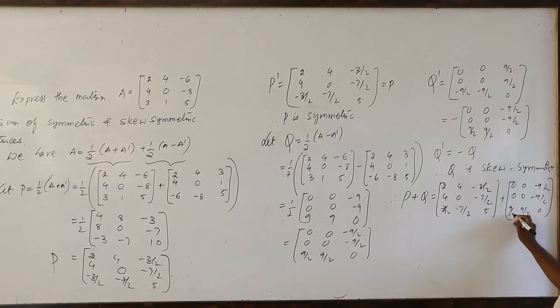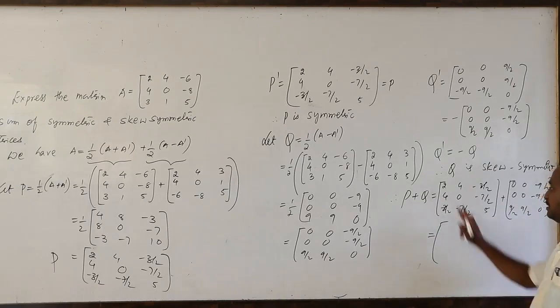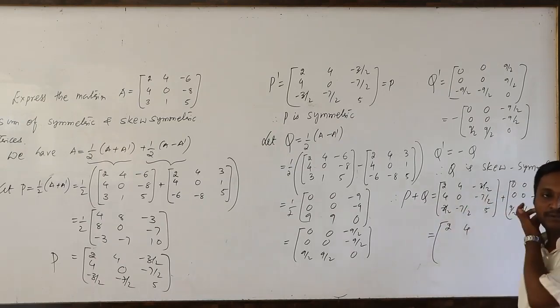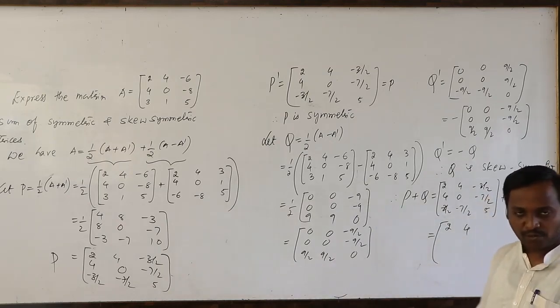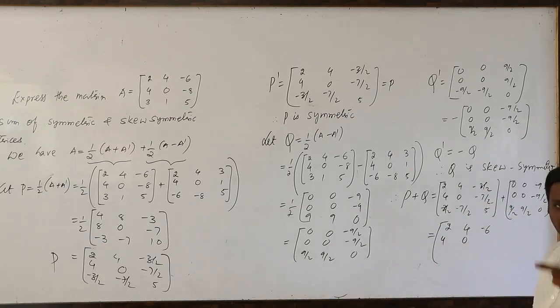I hope you are getting P plus Q. How to add? I will write directly. 2 plus 0 is 2. 4 plus 0 is 4. Minus 3 by 2 minus 9 by 2, minus 3 minus 9 becomes minus 12, minus 12 by 2 is minus 6. 4 plus 0 is 4. 0 plus 0 is 0.